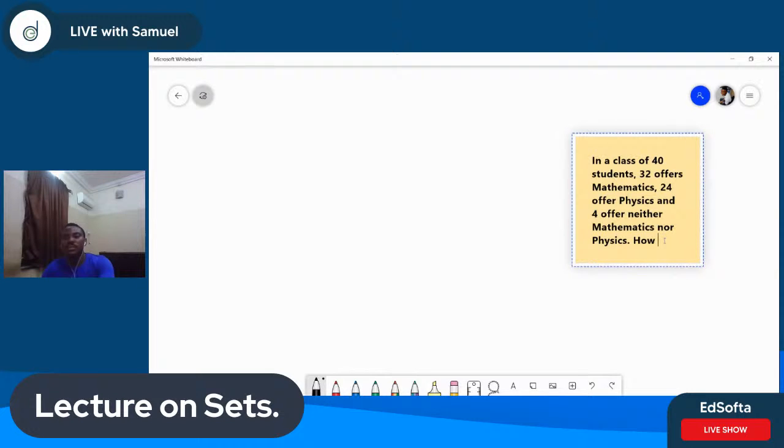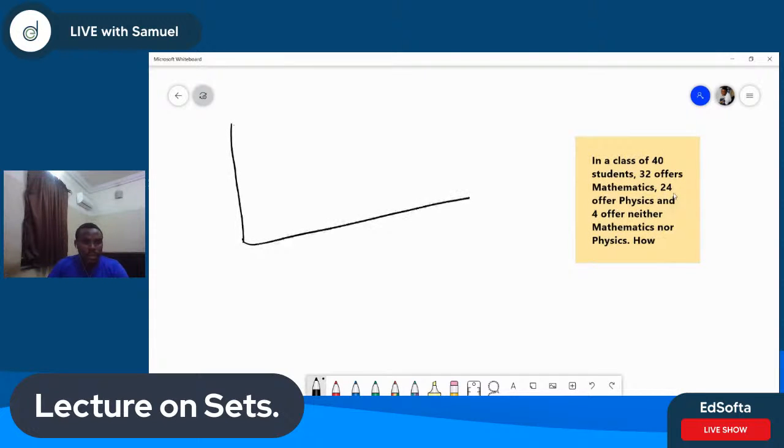In a class of 40 students, 32 offer mathematics, 24 offer physics, and 4 offer neither mathematics nor physics. How many offer both mathematics and physics? So we can represent this with a Venn diagram. So we have something like this.